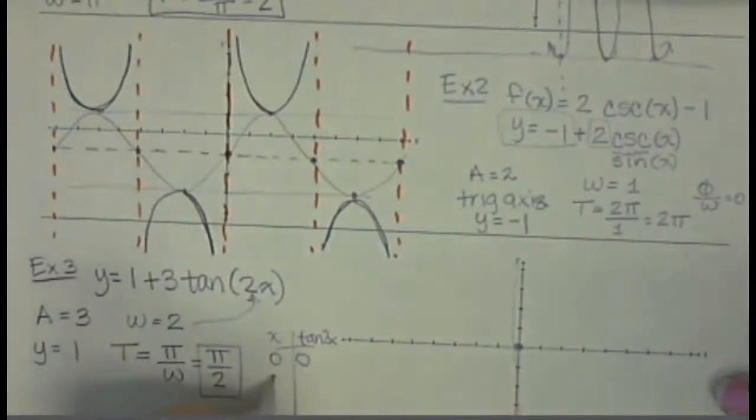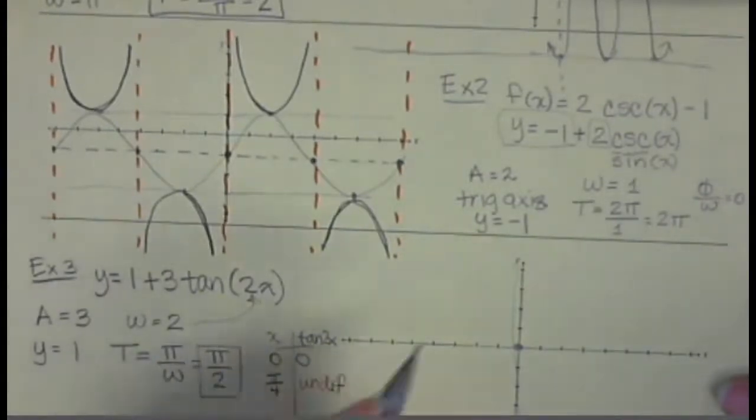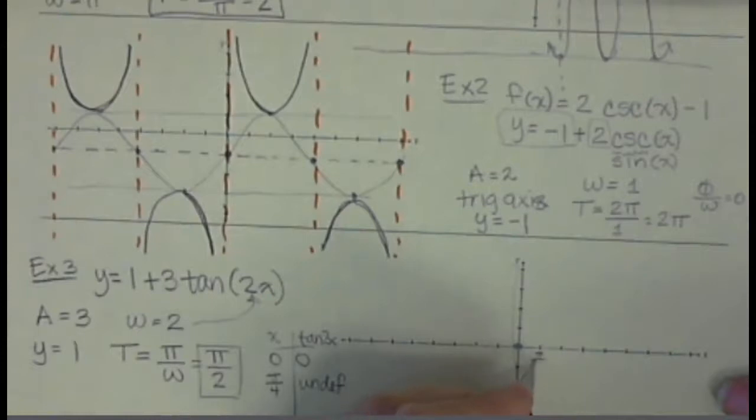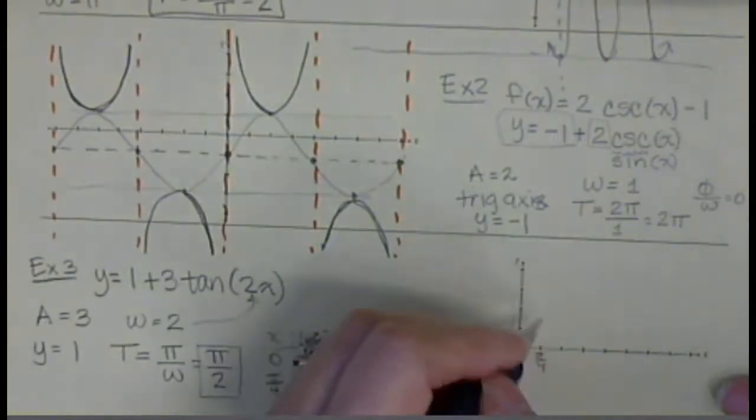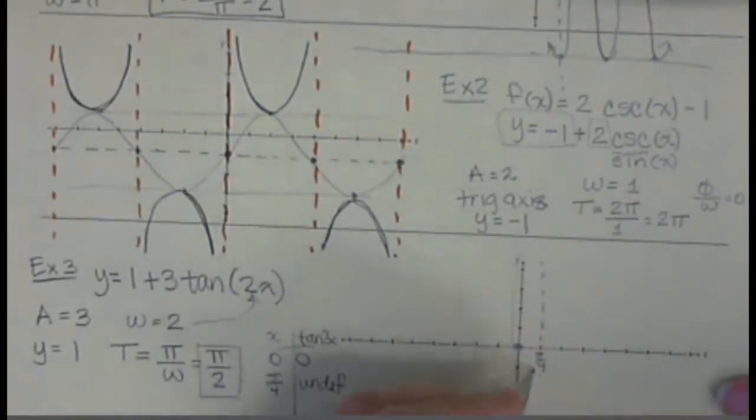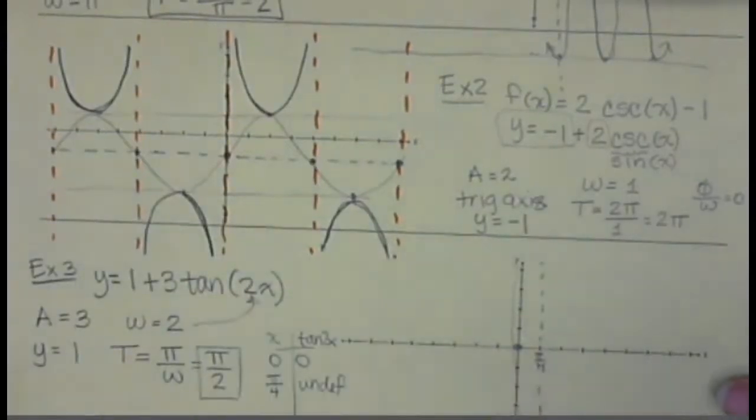And then I'm going to do pi over 4. If I do pi over 4 and I multiply it times 2, I get pi over 2, and the tangent of pi over 2 is undefined. So we know that at pi over 4, and I'm just going to label this one pi over 4, it's undefined. So I have a vertical asymptote at pi over 4.